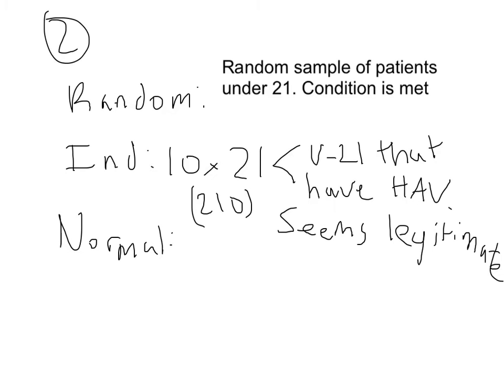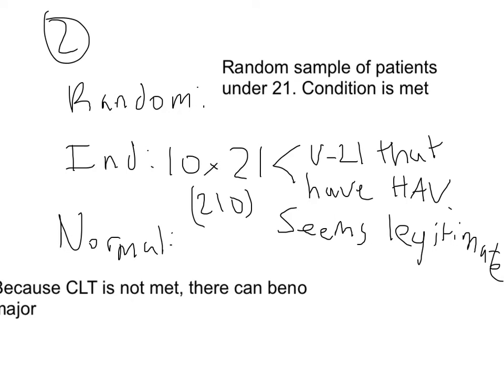So we will write that because CLT is not met, there can be no major skewness and no outliers.